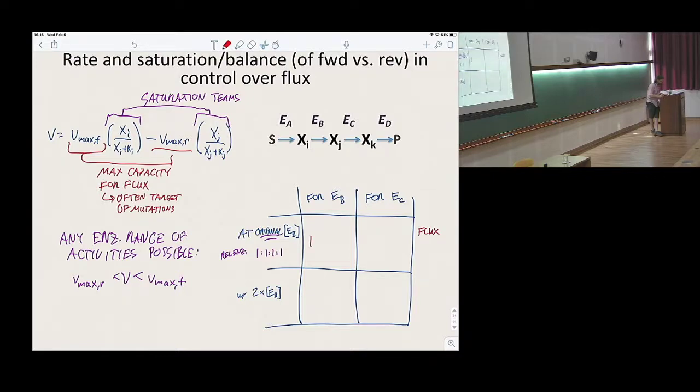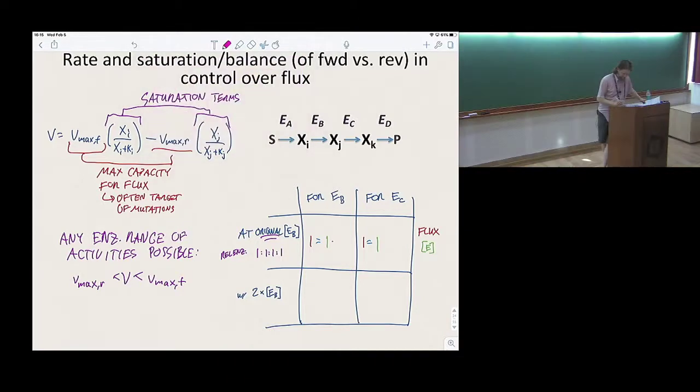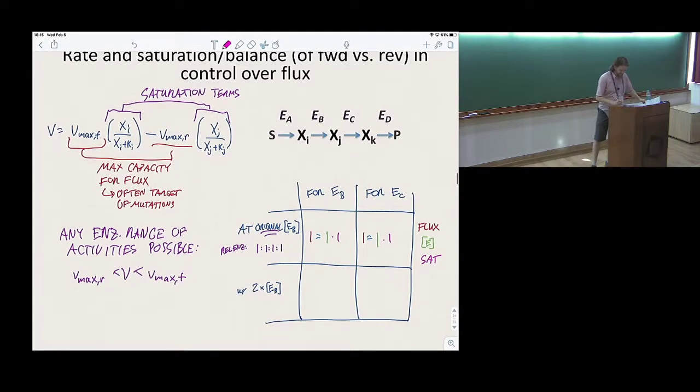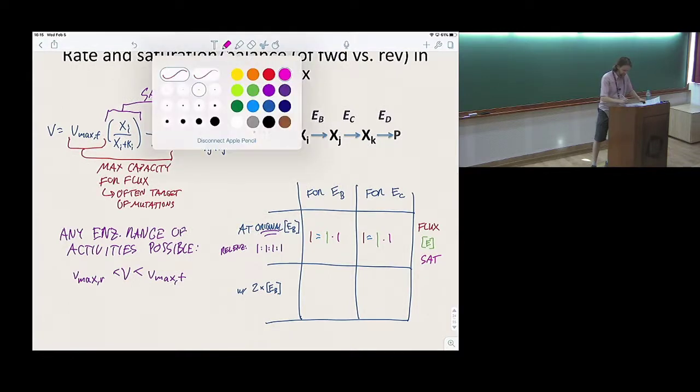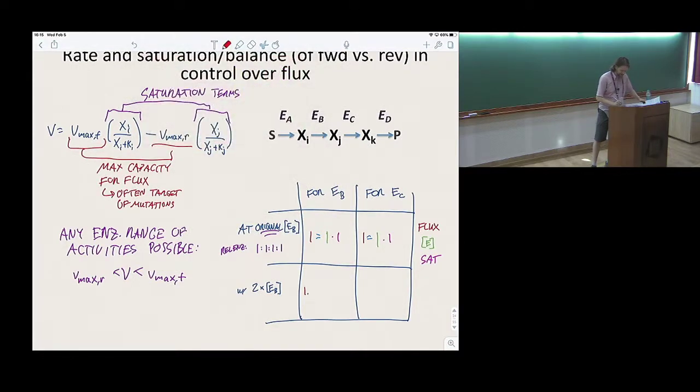The flux was a relative flux of 1, and we had simply relative enzyme concentration of 1 and the saturation term of 1. So if we're making everything relative, what would it be then at 2x? At 2x, let's say the steady state flux is now something like 1.2.